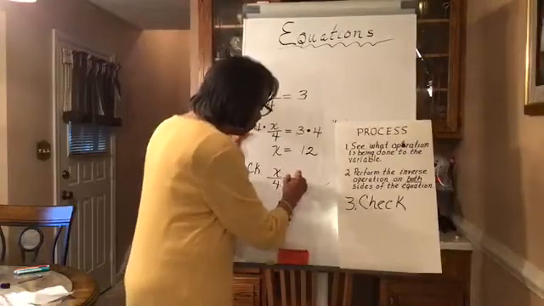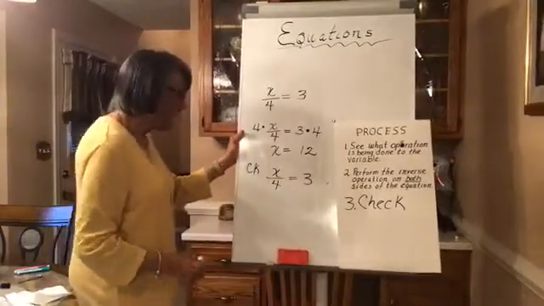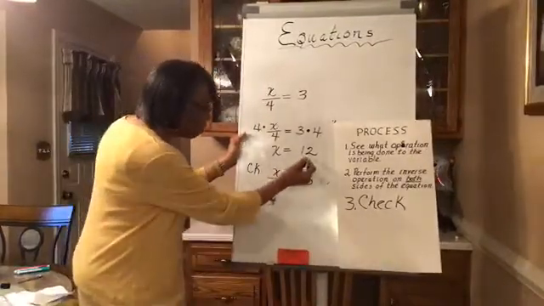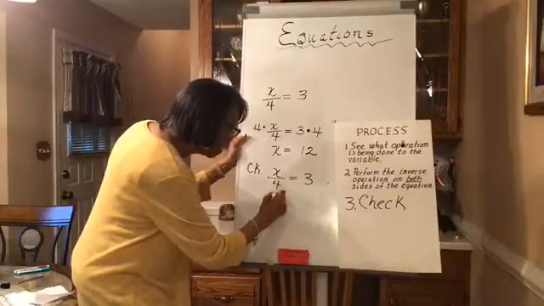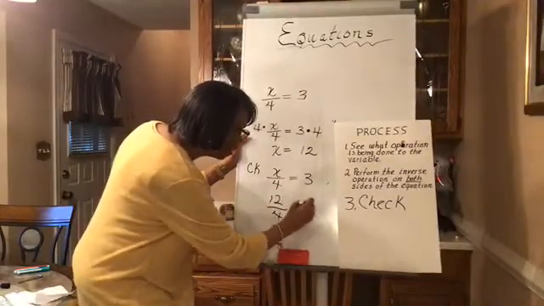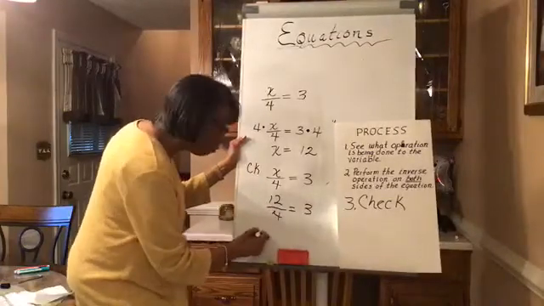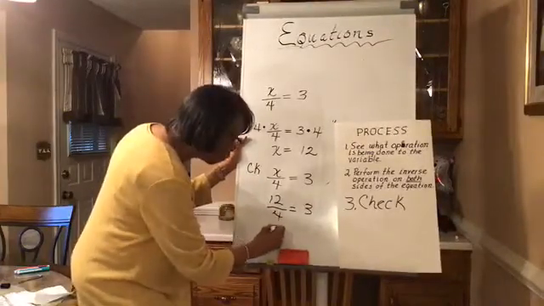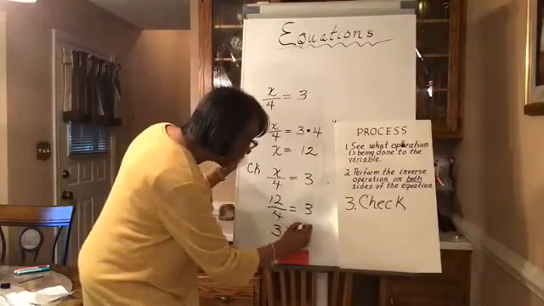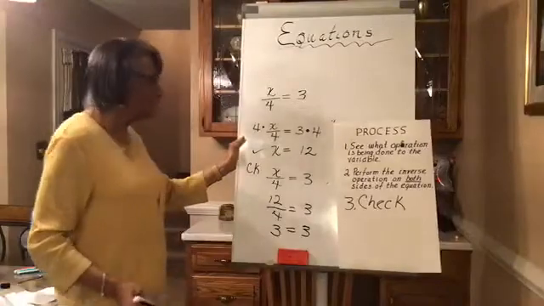I want to do the operations so that you remember that's division. All right, so in place of x now, I can write 12. 12 divided by 4 equals 3. Does it? Yes, because 3 times 4 is 12. So 3 on this side is the same as 3 on that side. So we have solved an equation.